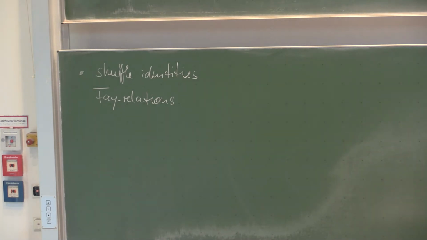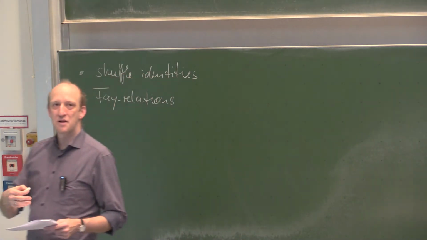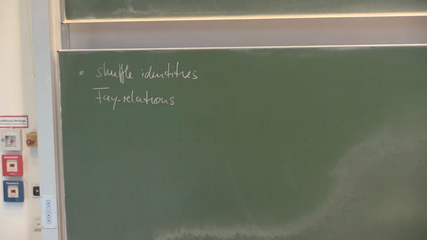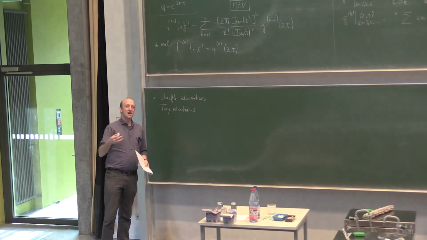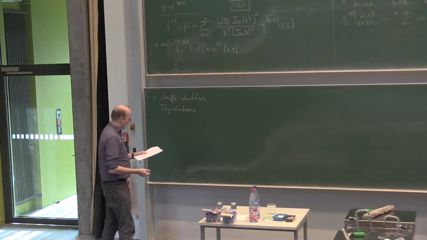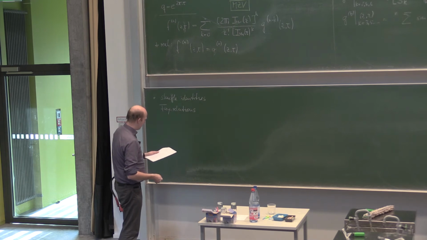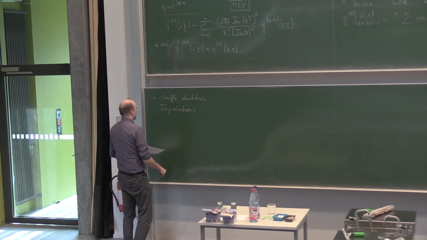And there's a conjecture that in the same way as for multiple zeta values, the shuffle identities and the Fay relations are able to provide all the relations in the space, and the space is again a graded algebra, conjecturally. It's a graded algebra in the same way as it is for MZVs.